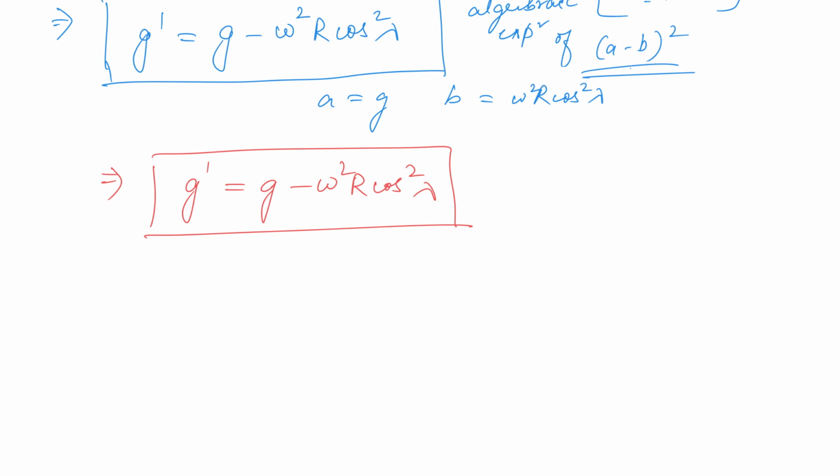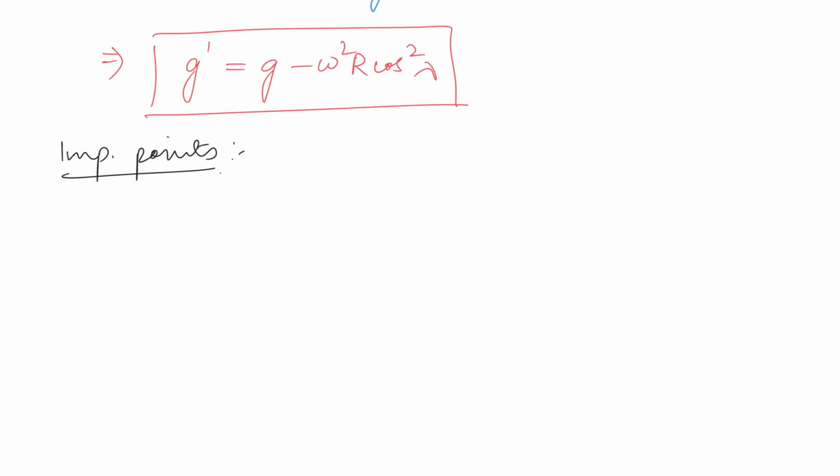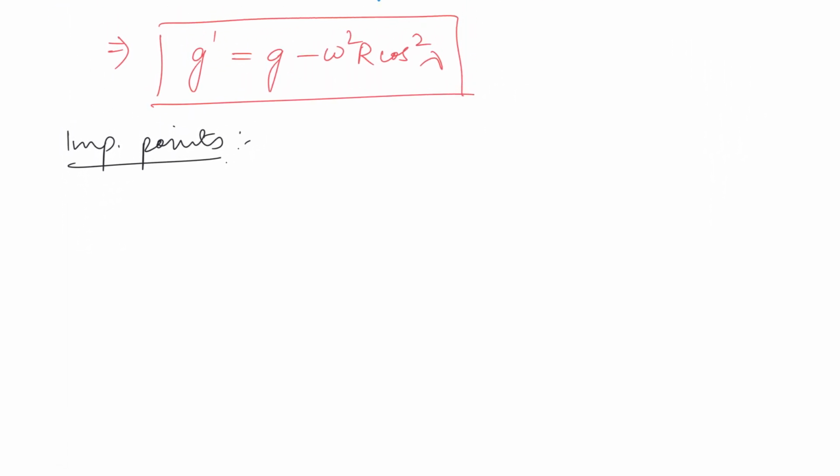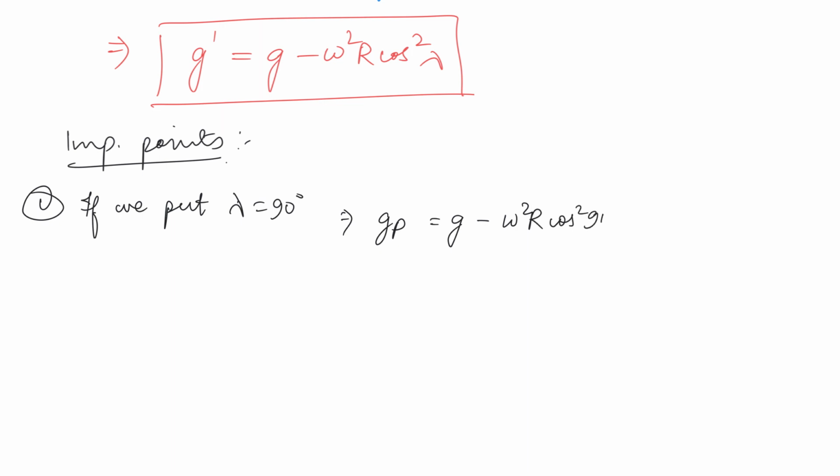Let's talk about the important points. So first one is, if we put lambda equals 90 degree, that means at poles, then g pole will be g minus omega square r cos square 90 degree.